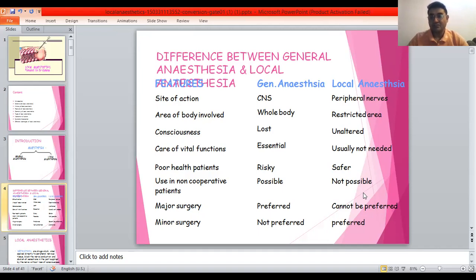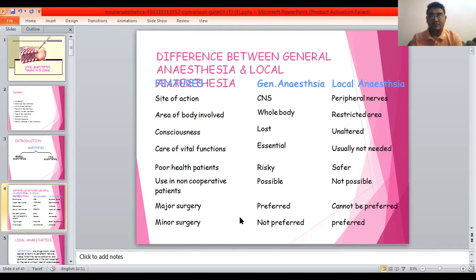So the patient should be cooperative and help the doctor. If the patient is so weak, so old, or under some stress, and cannot help the doctor, then general anesthesia will be a good choice.